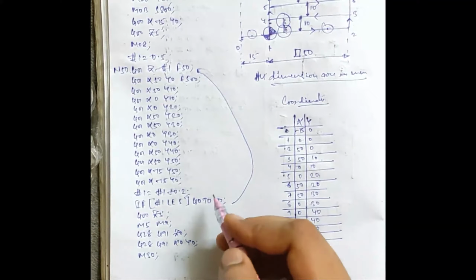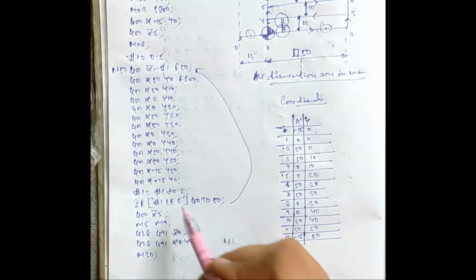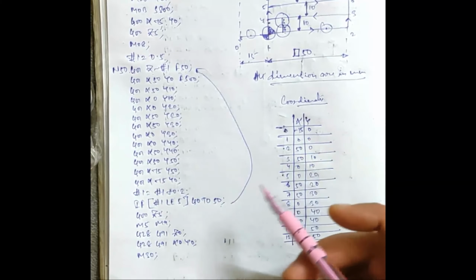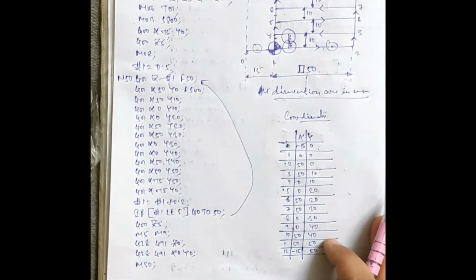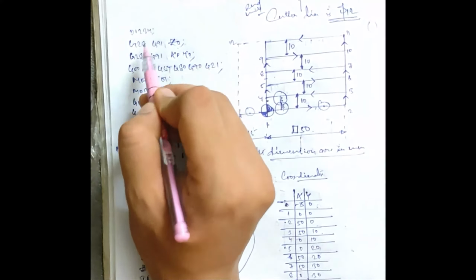It will follow this program up to 5 mm. Clear? So this is all about the zigzag facing operation. Your program starts from over here and ends at M30. Clear? I forgot to write the program number here: O1234 is the program number.